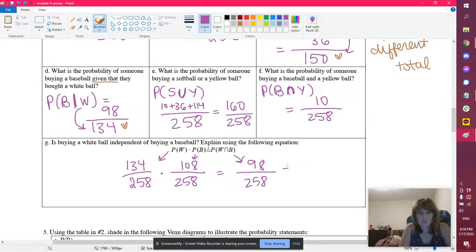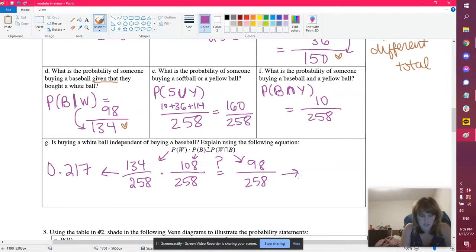So we're going to see if these are equal. This side as a decimal, let's get my calculator out. 134 times 108 divided by 258 divided by 258 is like 21.7%.